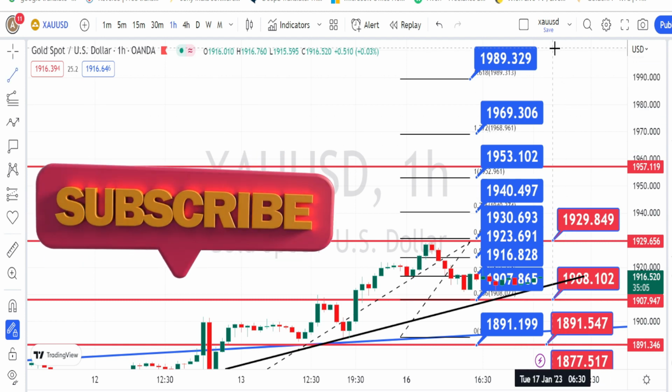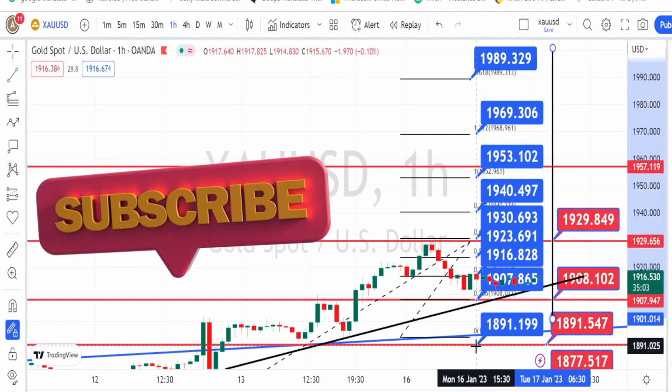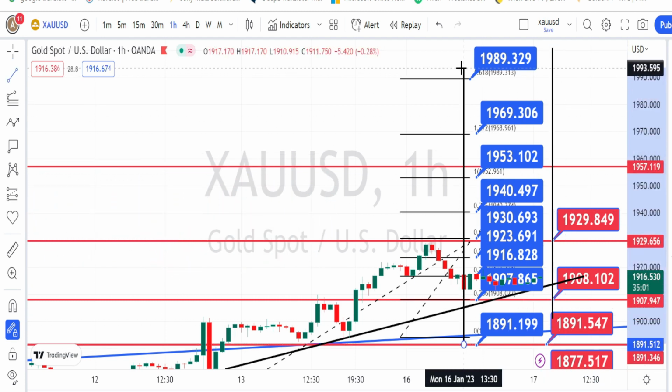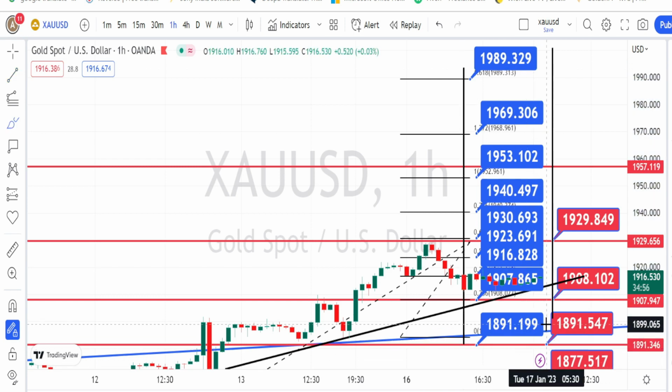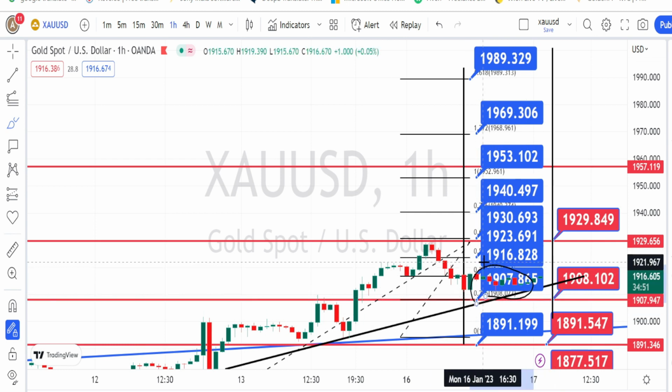So the values within these blue color boxes are the resistance and support levels for current price action in hourly time frame. Currently the price action is trading between the support level of 1907 and the resistance level of 1916.